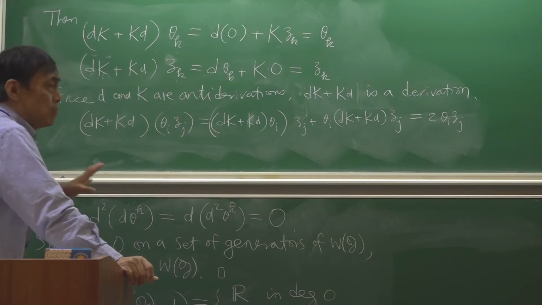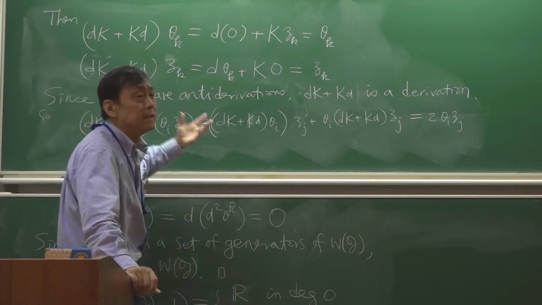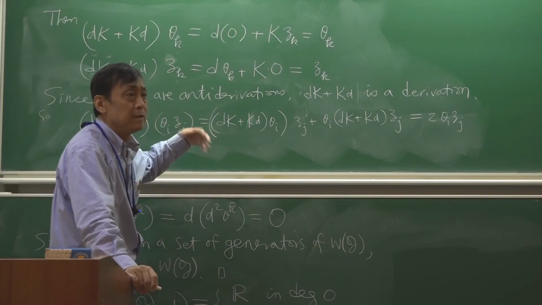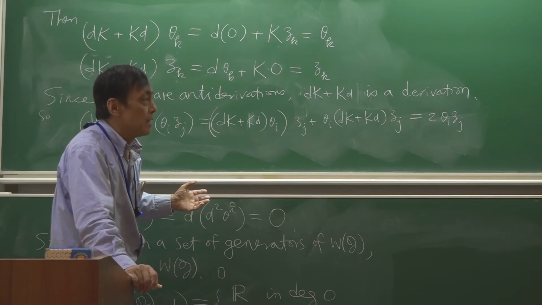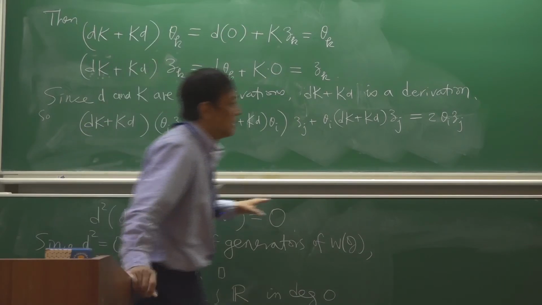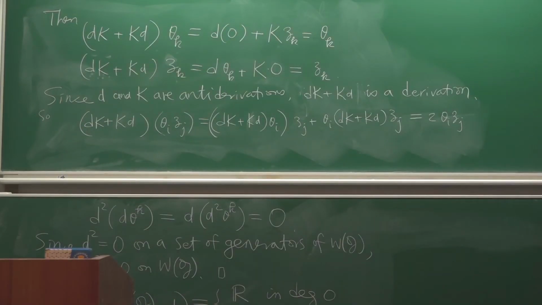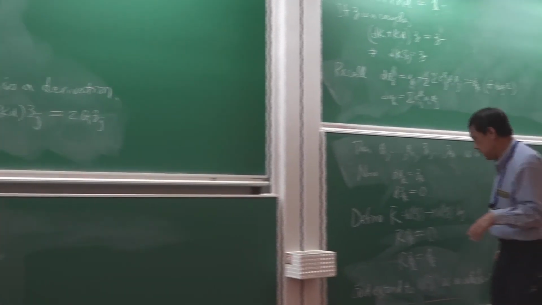Okay, so that's not quite what I want, right? Because I want dk plus kd to be the identity. So that means this is not quite the k I want. So let's put a bar here.